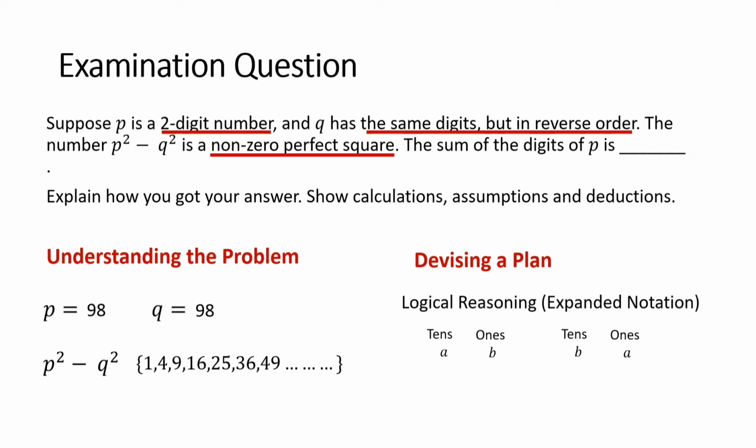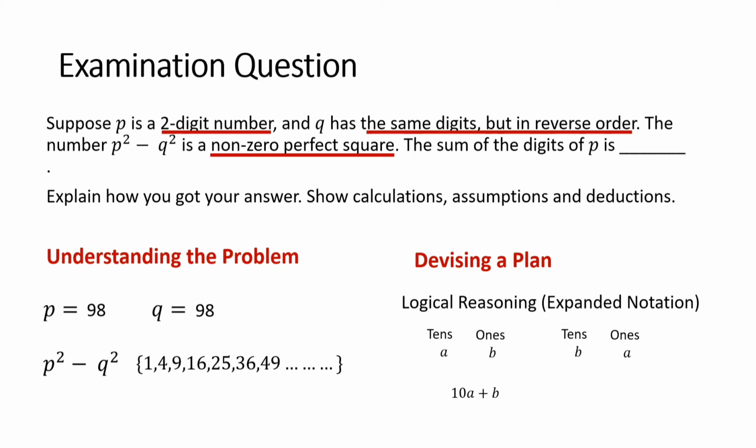The expanded notation of the first number P will give me 10A plus B. This would represent the value of the number AB.